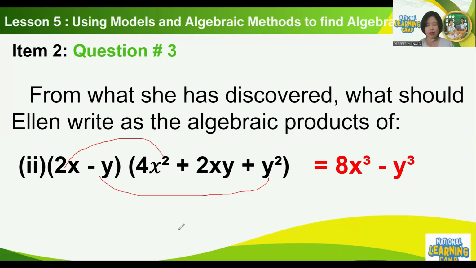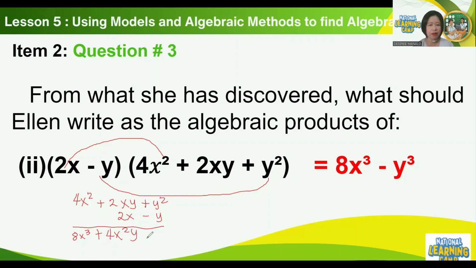You can check this answer by using the long method. So let's multiply using the long method. 4x squared plus 2xy plus y squared, then multiply by 2x minus y. 2x times 4x squared, we have 8x cubed. 2x times 2xy, 2 times 2 is 4x squared y.